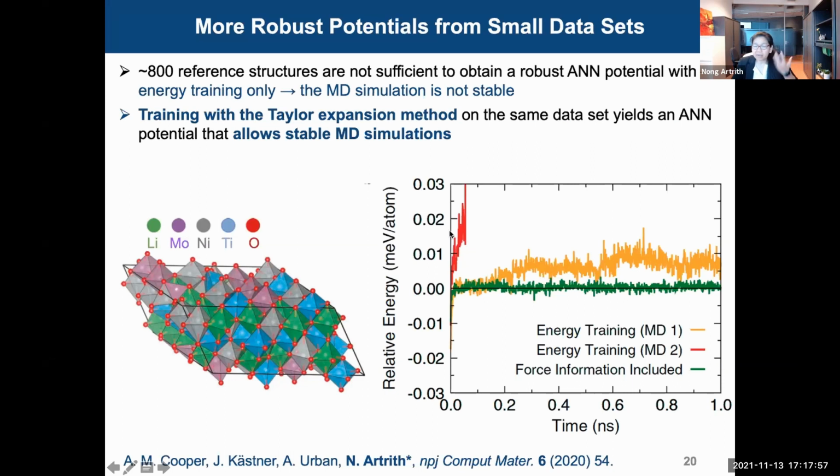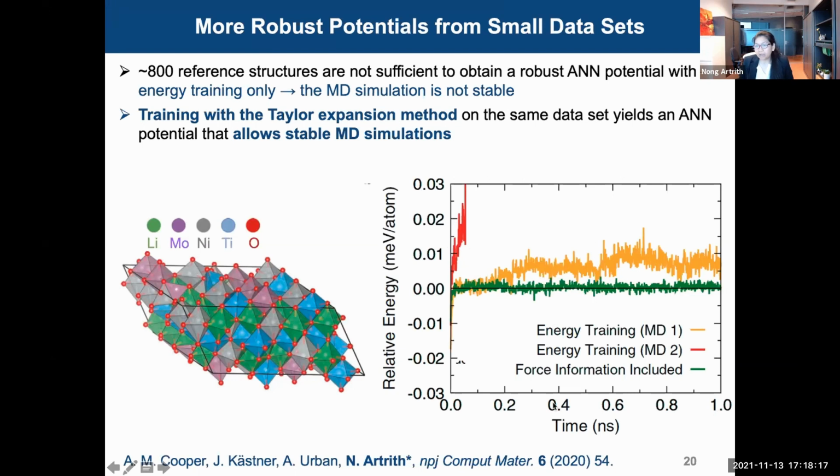We also ran many models, and you can see that even the red one really explodes so early. But including the force information from Taylor expansions in the neural network makes our MD simulations of these models run for a really long time and stable.